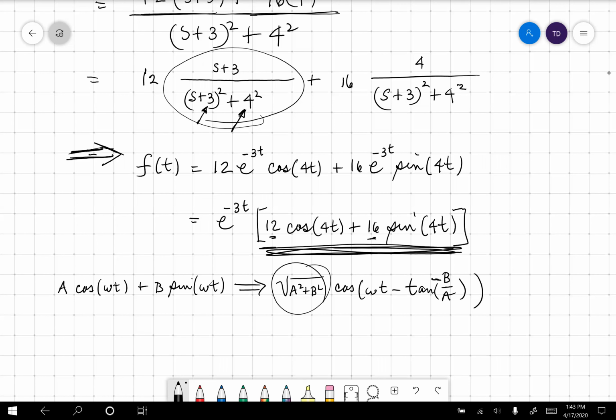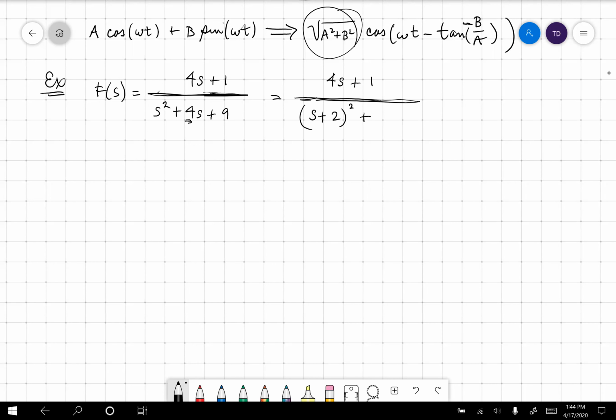So when we take a look at that, I can recognize pretty quickly that this has two complex conjugate roots. If you don't recognize that, don't worry about it. This is equal to 4s plus 1 over s plus 2 squared. Remember that 2 is half of 4, plus the square root of 9 minus the 2 squared. 9 minus 4, which is going to be the square root of 5.